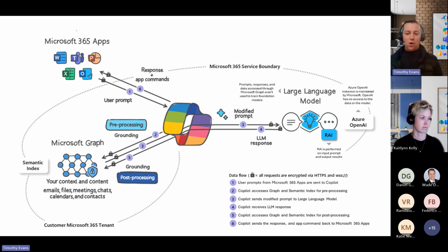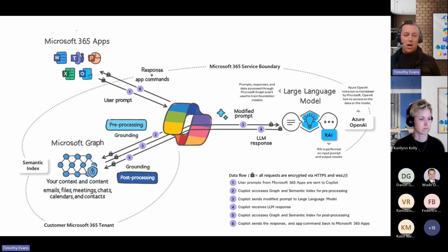Then from there, it goes over to our large language model, further generating that response, formulating it into natural language, and then ultimately sending it back within your prompt pane to answer the prompt that you have asked within Copilot.